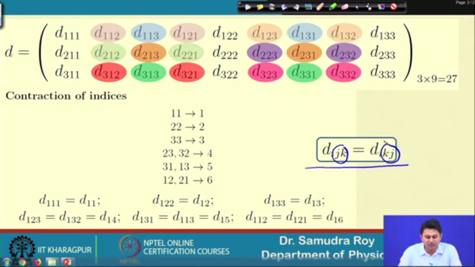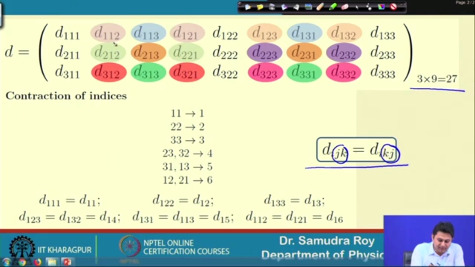Because of this symmetry, we find that the total D matrix contains 27 terms, and several terms in this D matrix are the same. So, 27 terms are eventually reduced to 18 independent terms. That is very important, because using this permutation symmetry we now have only 18 different terms.